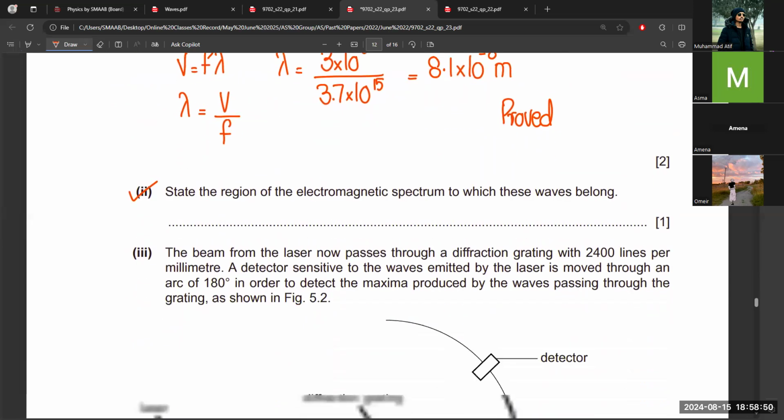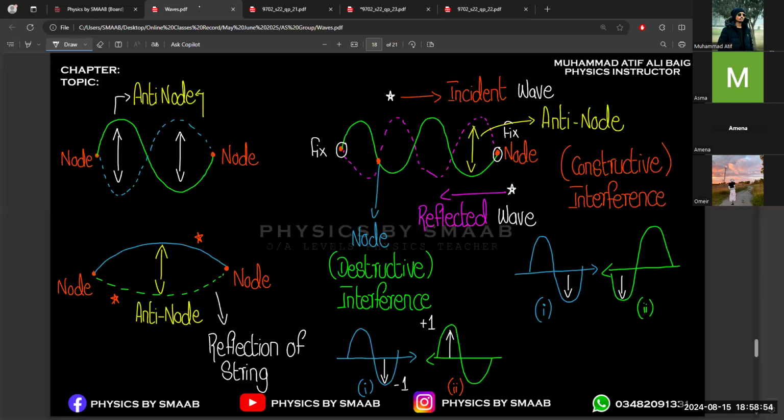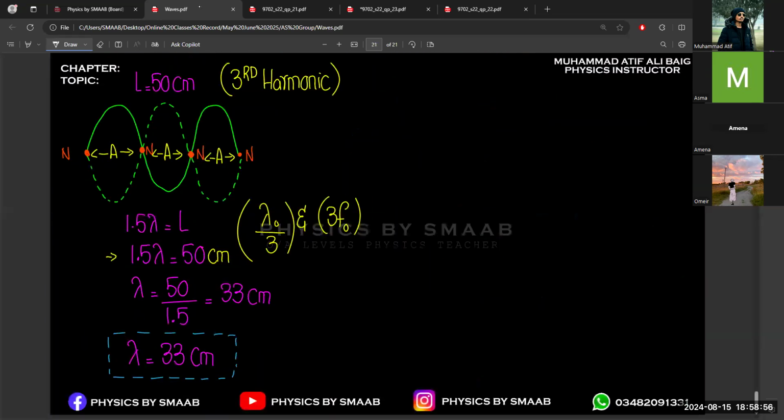So if you compare the values, if I forgot the spectrum, okay. Basically, if we talk about the values of the spectrums, these are the types of radiations, and we are talking about their wavelength in meters.